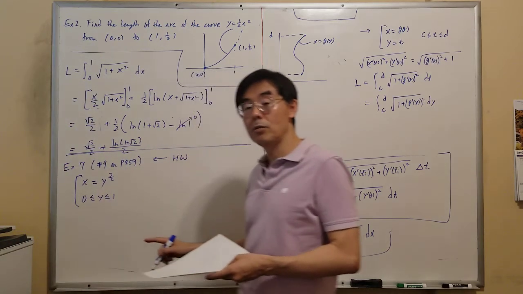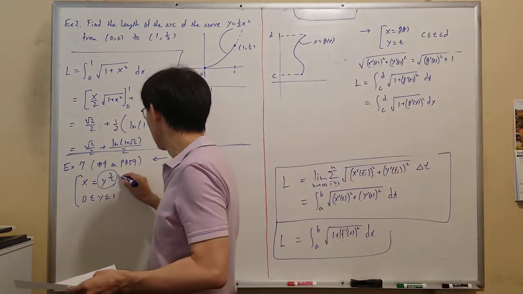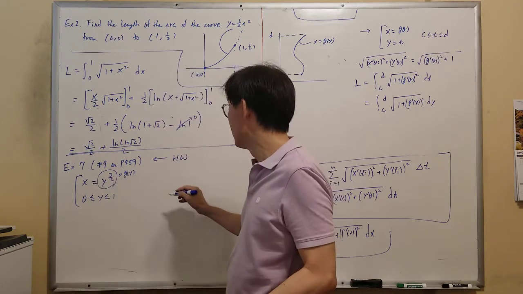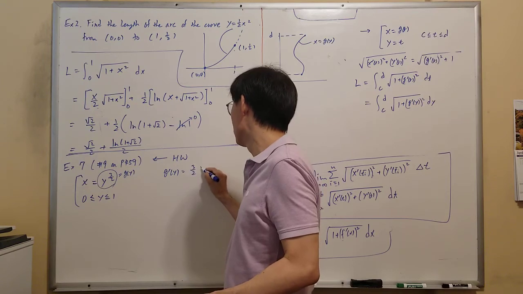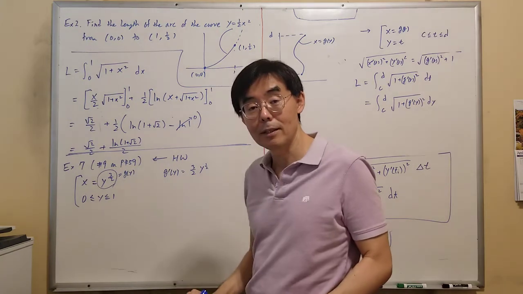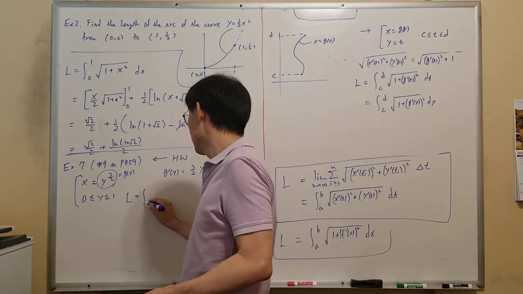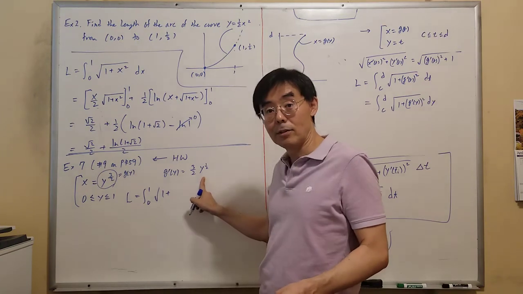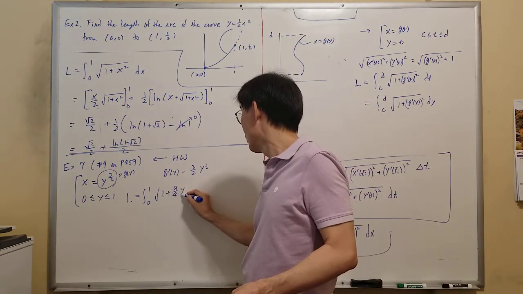c to d, c equals 0, d equals 1, this is your g of y. Okay? So your g prime of y equals 3 over 2 y to the 1/2, right? So your arc length will be the integral from 0 to 1 of the square root of 1 plus the square of this, right? 9 over 4 y.